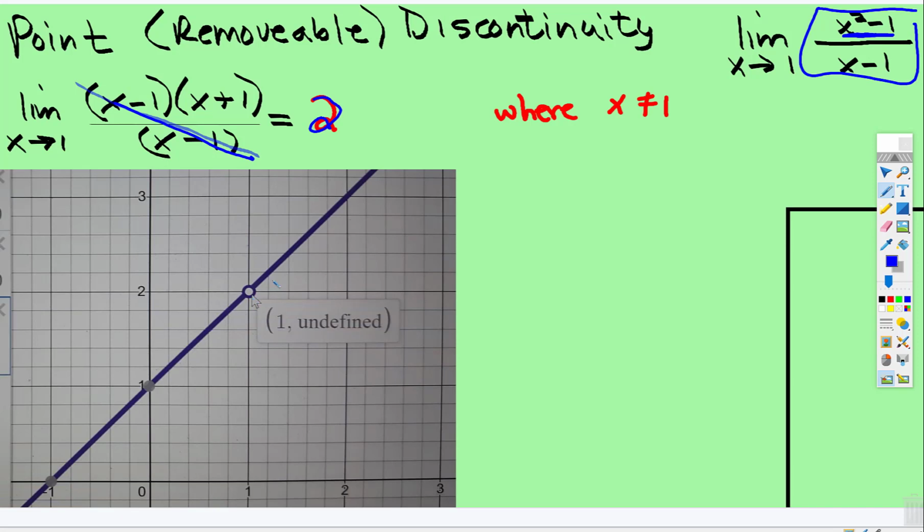And that right there, so if this were a test question or a homework assignment, and it's asking, is this continuous or discontinuous, and if so, what type of discontinuity? You would say removable, or you could say point. And spell it all out: discontinuity.